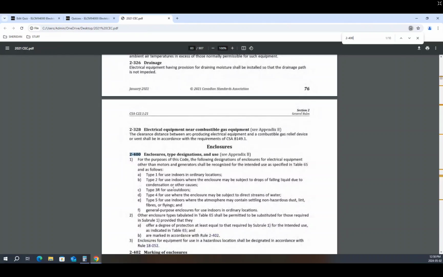For use indoors where the enclosure may be subject to drops of liquid, no. 3R for outdoors. 4 for may get direct streams of water. No. 5 for indoors where atmosphere may contain dust. General purpose enclosures. Other enclosure types tabulated in table 65 shall be permitted. So to be on the safe side, I'm going to check table 65.